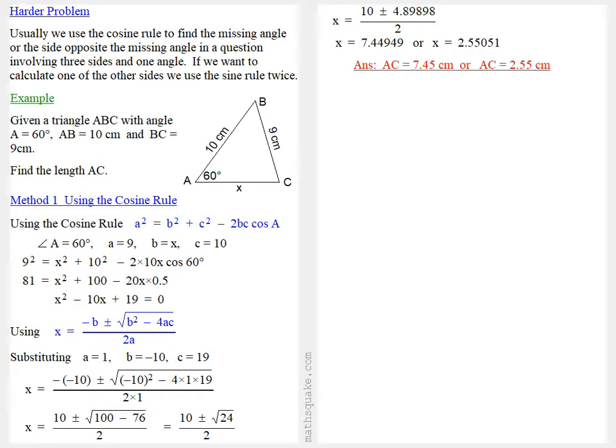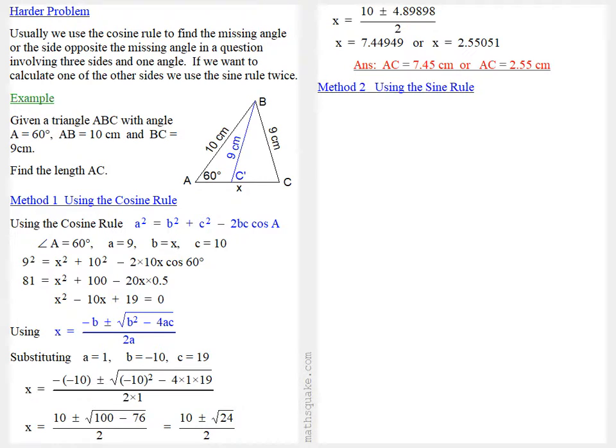Now, if we look at the original diagram, we can see there's two positions we could draw the line BC being 9 centimetres long. In the diagram, I've labelled them as BC and BC dashed. So, the length AC could be from A to C, which would be 7.45 centimetres, or from A to C dash, which would be 2.55 centimetres.